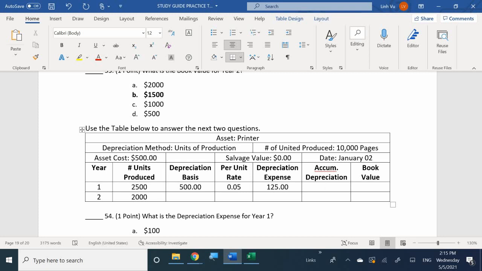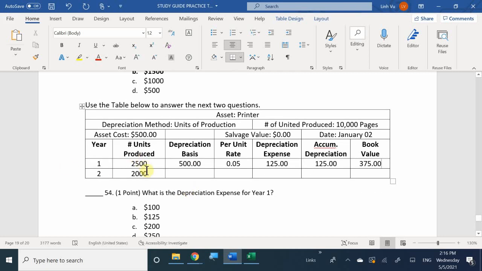Accumulated depreciation for the first year should be the same. So what should be my book value? 375. Okay, let's finish out the table so we can finish up the answers.